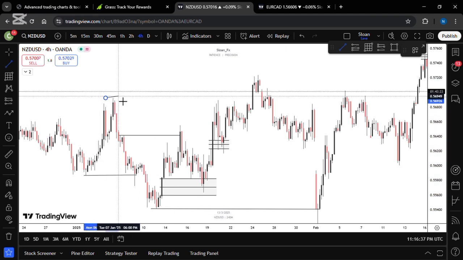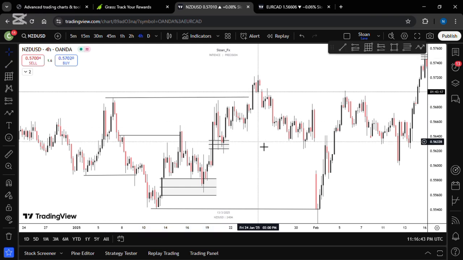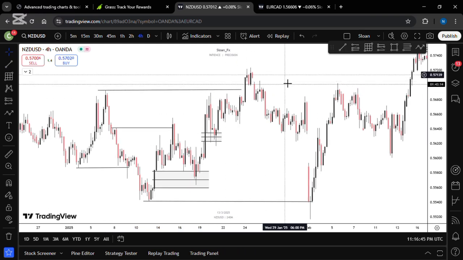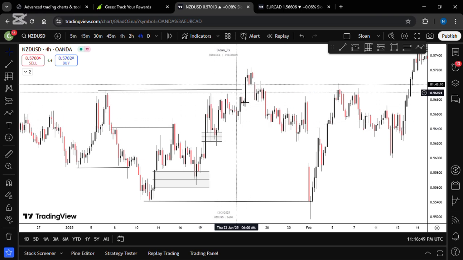But now the market has actually broken that structure and closed above. So there is a high possibility that we are already in an uptrend. So that's one thing that occurred in this part that I figured. That was why I took a loss on this trade.